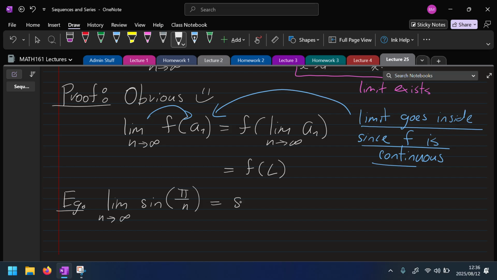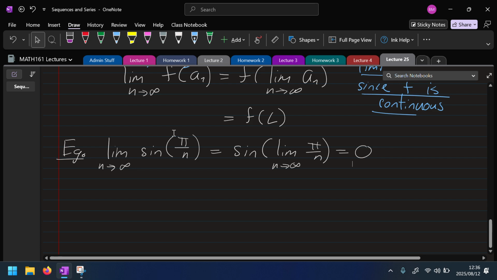So this is sine of the limit as n goes to infinity of pi over n. The limit can just jump inside. Now the limit as n goes to infinity of pi over n is just 0. We know that from last year. So we get sine of 0, that's just 0. So, just a recap of what we did last year.